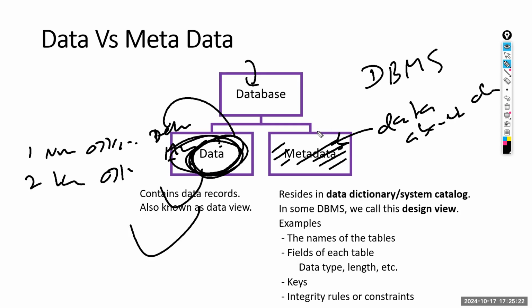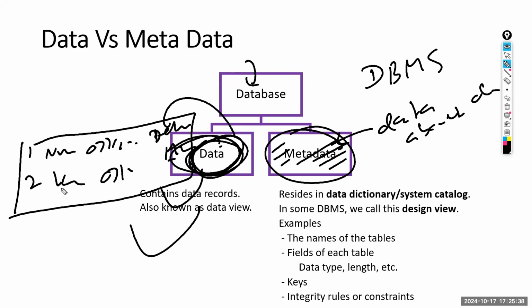Then what is meant by metadata? Remember, we are more interested in the logical layer. There we have tables, relationships, and so on. So metadata means data about data. What is this table name? What are these field names? What is the data type of the first field, the data type of the second field?